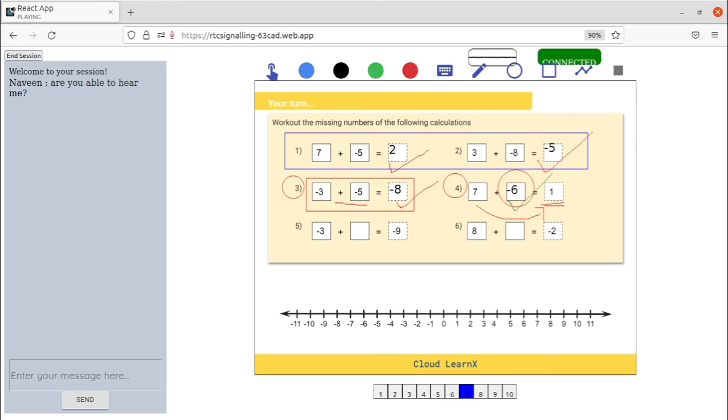Mm-hmm. After that, the positive 1. The last answer would be 6, so it would be negative 6. Yes, because we have to jump 6 number steps. Exactly, brilliant. Okay, good work there.